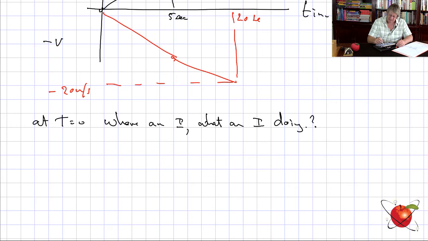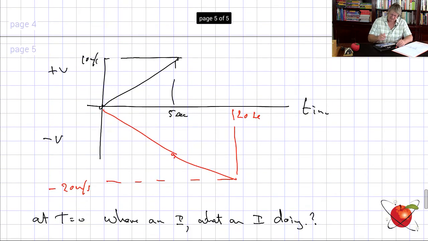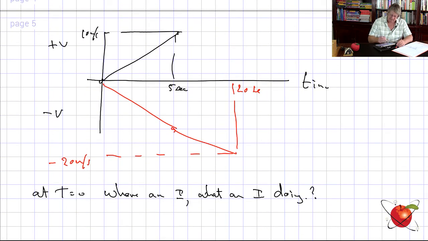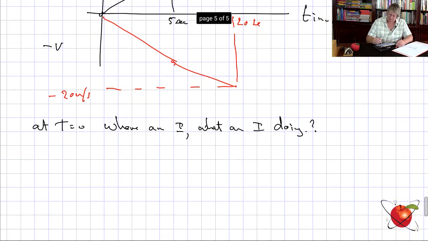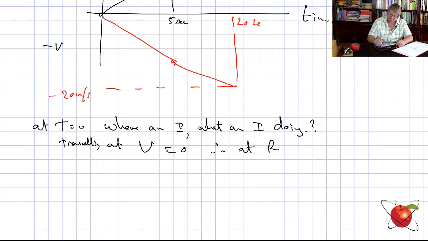Well, let's go and have a look at the graph. At time 0, all I can say is I am traveling at 0 velocity. V equals 0. Therefore, I am at rest.